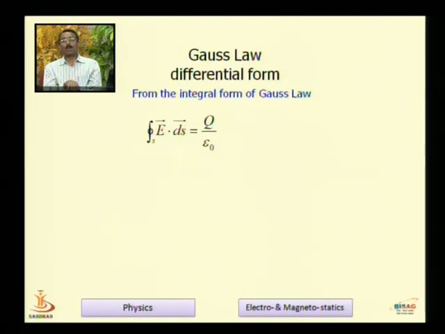Now what is the use of Gauss law? We started with Coulomb's law, and using Coulomb's law one can find the electric field. Similarly, using Gauss law also, one can find the electric field. But the difference is that Gauss law is more fundamental than Coulomb's law. If you consider a static case, one can use Coulomb's law without any hesitation.